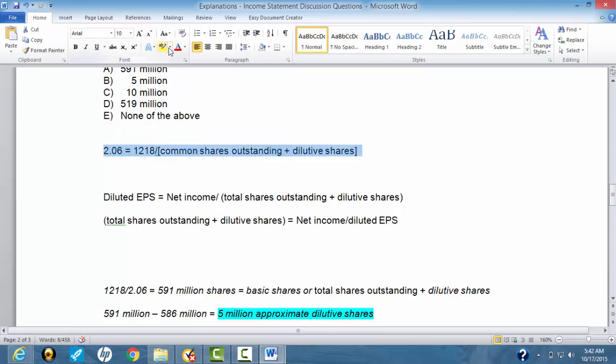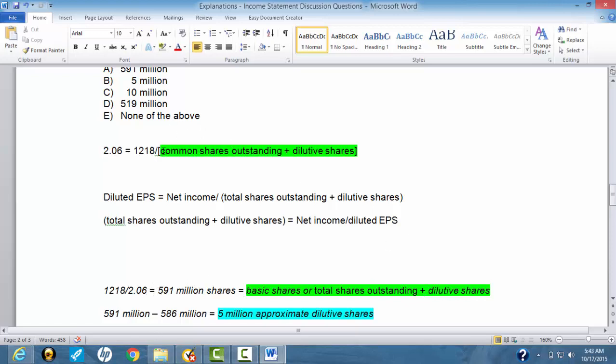That is, the basic shares plus the dilutive shares. So 1218 divided by 2.06 gives us 591 million.